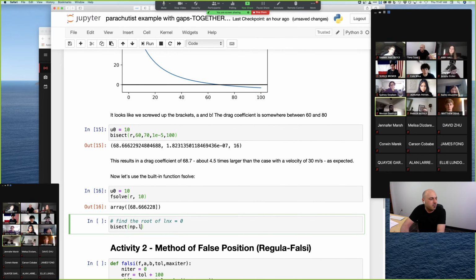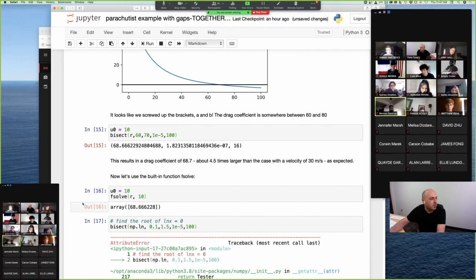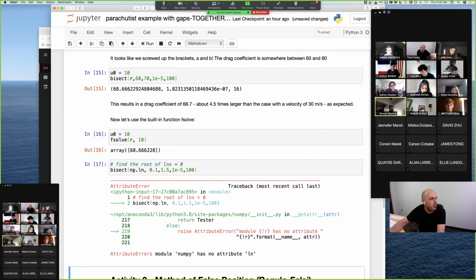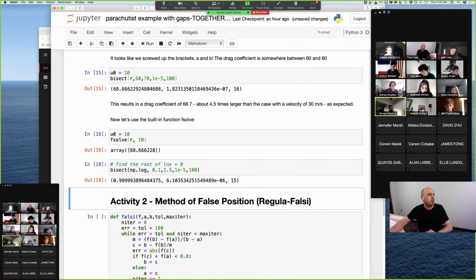It's just log, np.log. Then you give it the bracket 0.1 and 1.5, a tolerance of 1e to the minus 5, and 100 iterations. It threw an error because it should be np.log. Sorry. Look at that: 0.999999999.